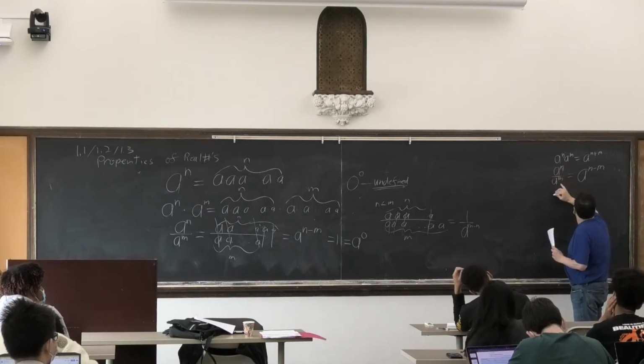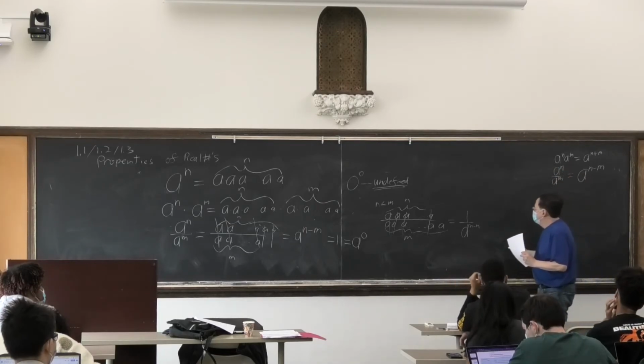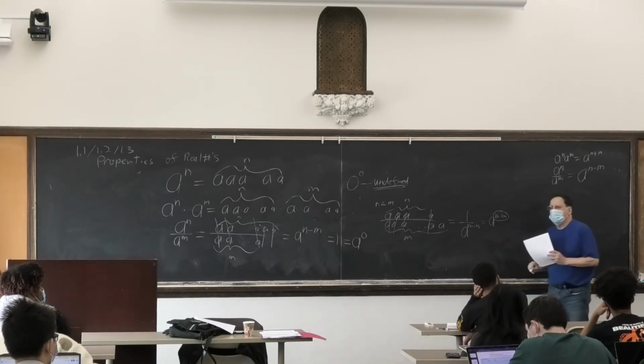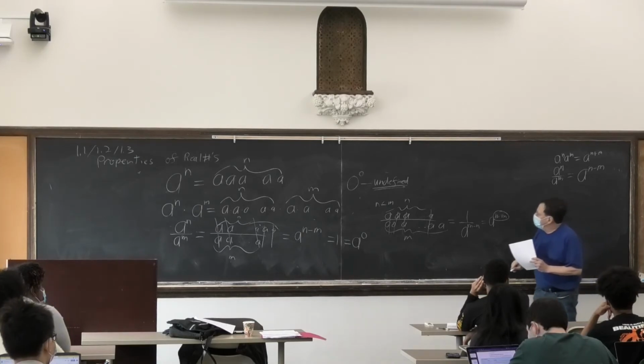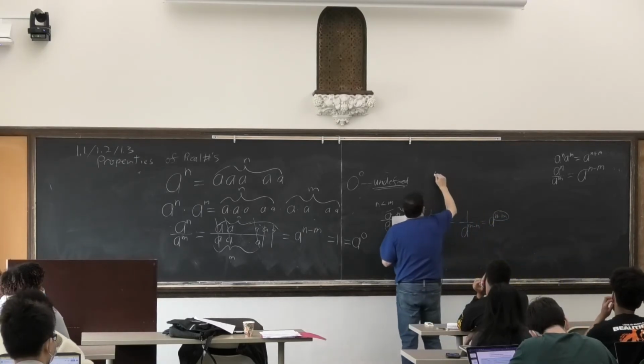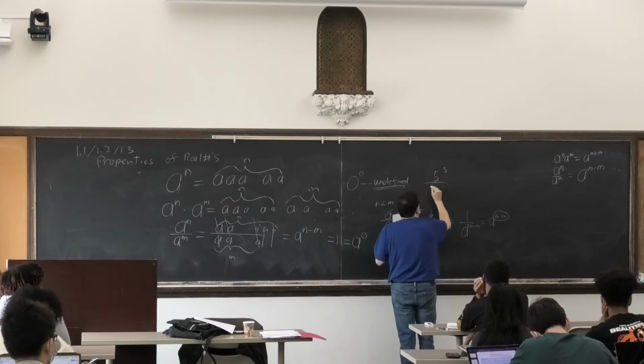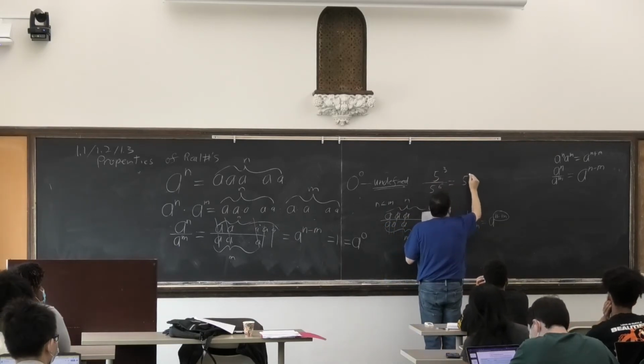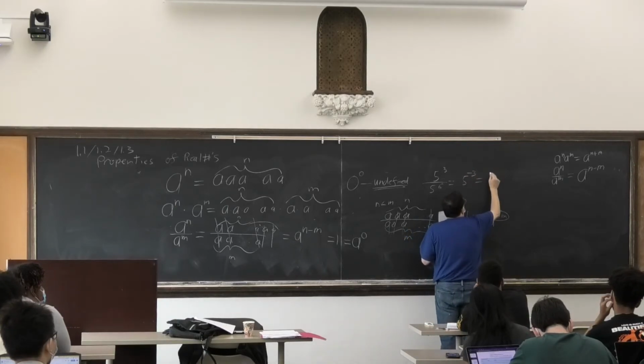But if you use this formula, that would just be a to the n minus m, which is a negative number, right? That is to say, 5 cubed over 5 to the 6, 5 to the 3, which is just 1 over 5 to the 3.